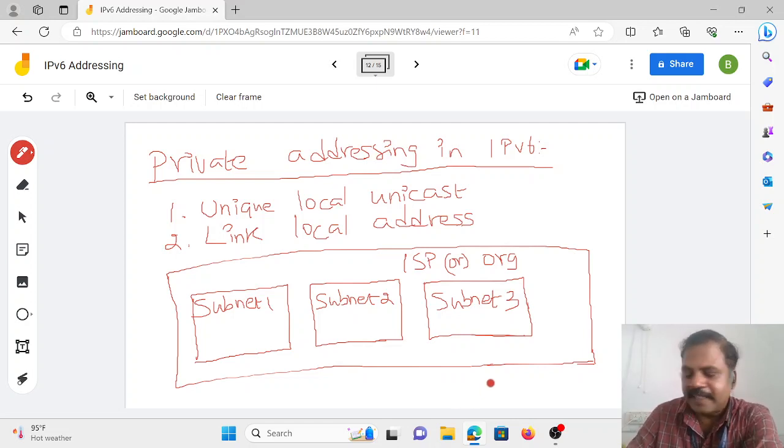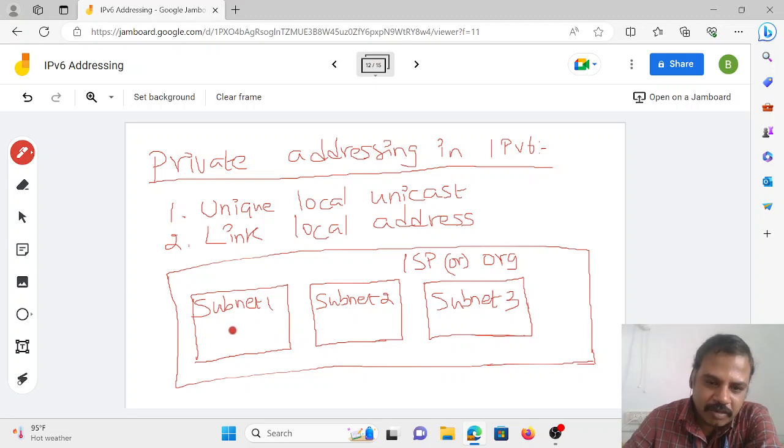Before going into the types, let me explain how the private addresses are used in IPv6. Suppose I'm taking an internet service provider, ISP, or a private organization, which will be having many sub-networks like this.